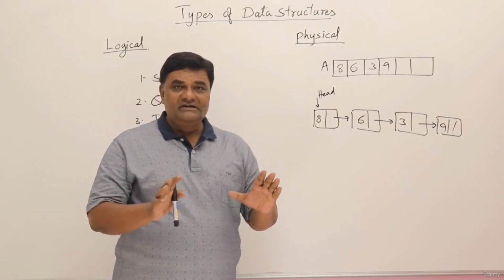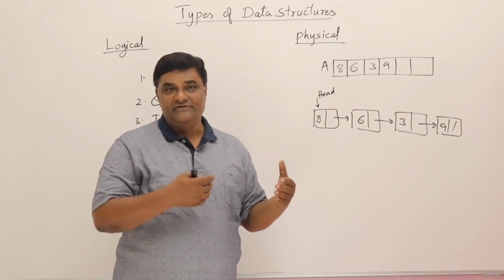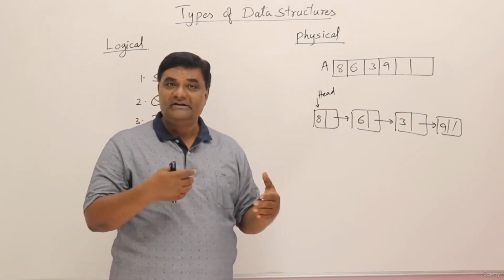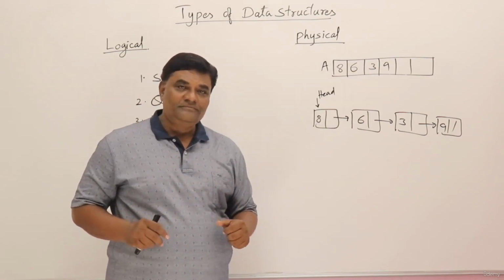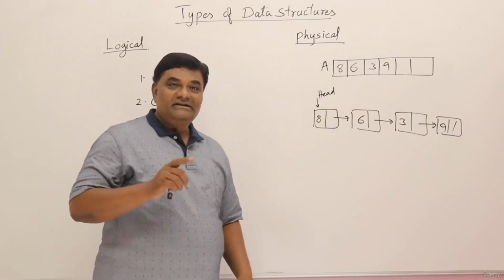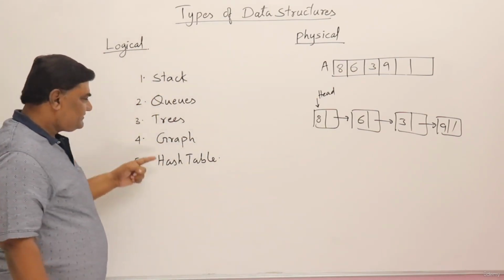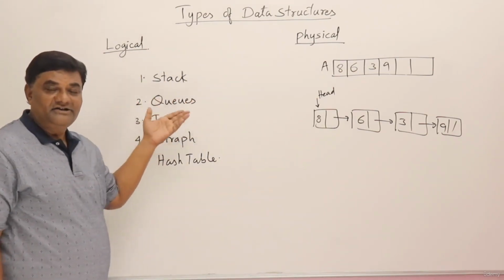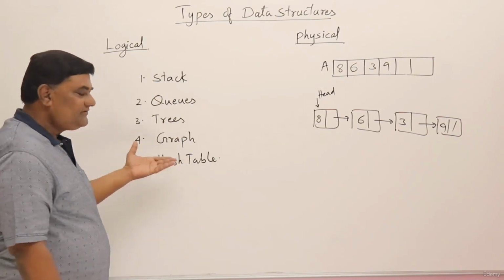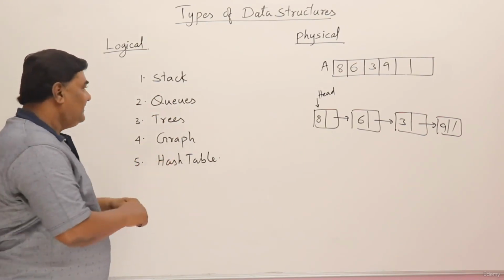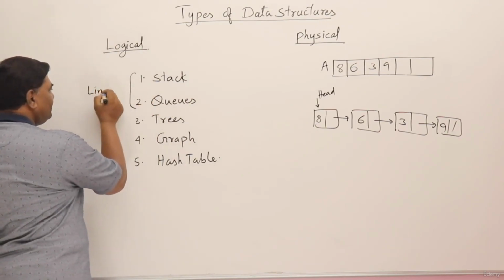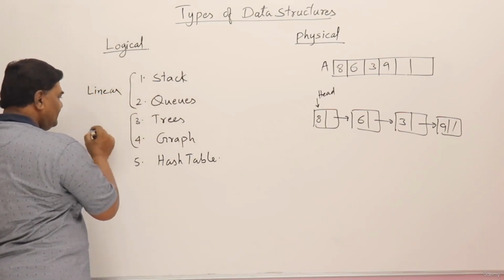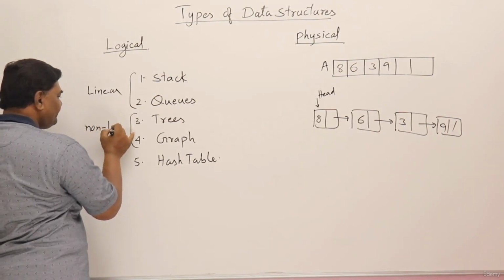Now the question is how you want to utilize those values. How you will be performing insertion and deletion. What is the discipline that you are going to follow? That discipline is defined by these data structures, that is stack, queues, trees, graphs and hash table. These are linear data structures and these are non-linear.